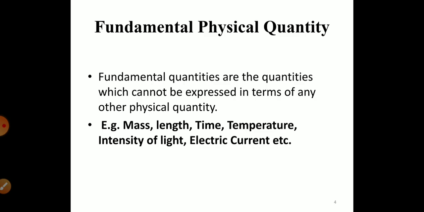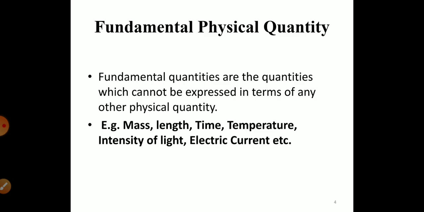For example, mass, length, time, temperature, intensity of light, electric current, which cannot be measured in terms of other quantities. They are measured only in mass, length, time, temperature, electric current.